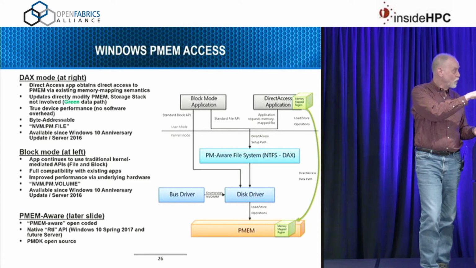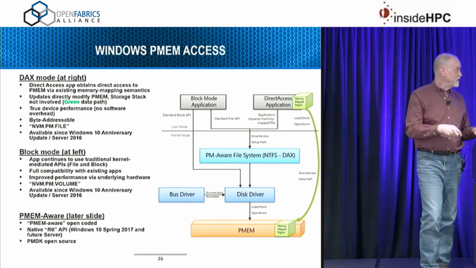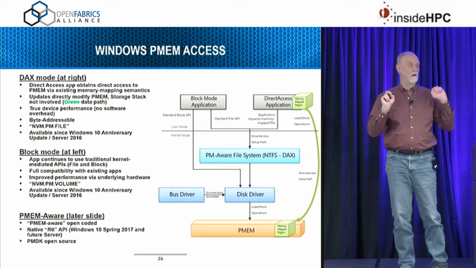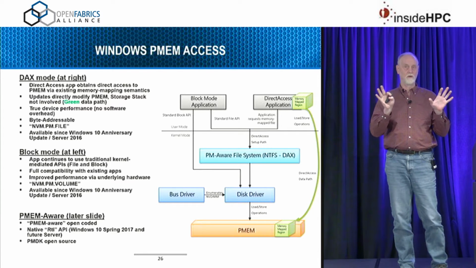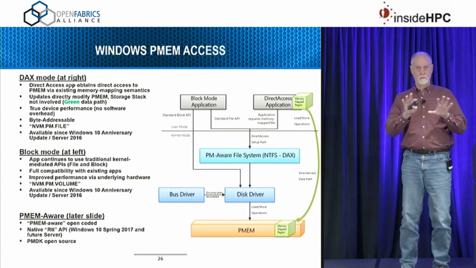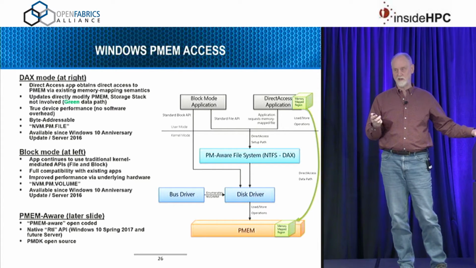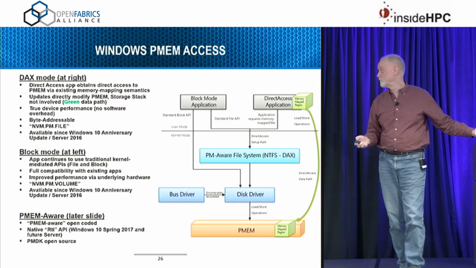So that's a load store instruction path. It's fully supported in Windows. It's our version of nvm.pm.file. It's the native Windows API, but with a mapped file and a little bit of care, that's what it is. I'll show you a code example in just a minute.